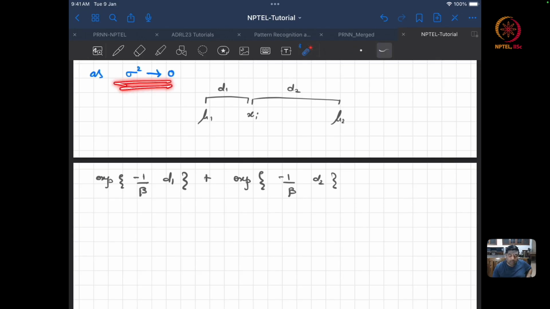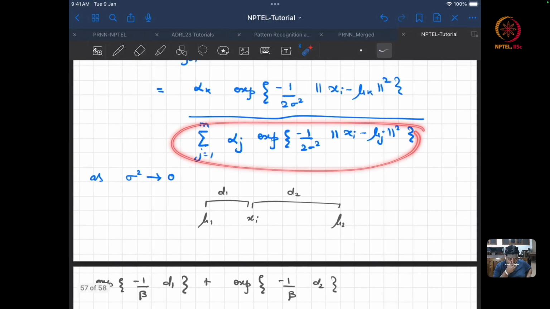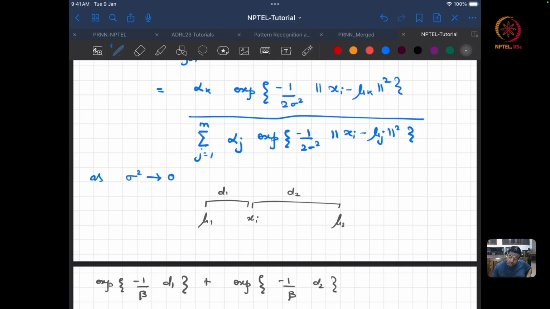As this tends to 0, the denominator will be dominated by the term which has the smallest distance.